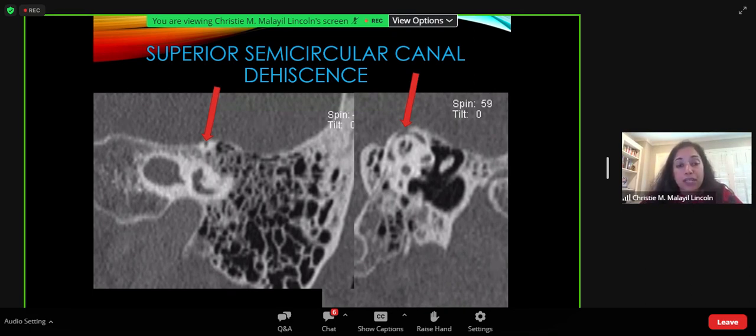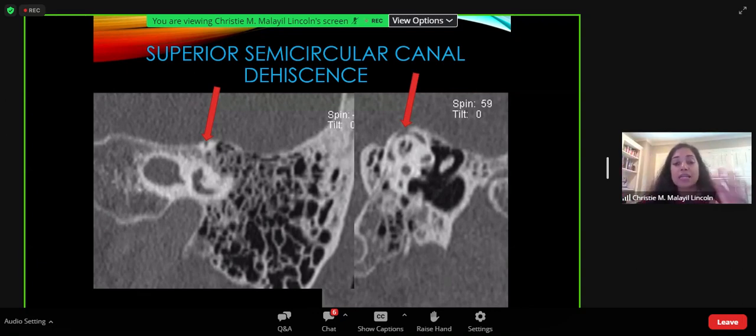If this superior semicircular canal dehiscence is present, this is a third window. So what happens is that normal circuit that goes from the external auditory canal to the middle ear cavity to the ossicles, through the cochlea, and then out the round window, the third window actually disturbs that.